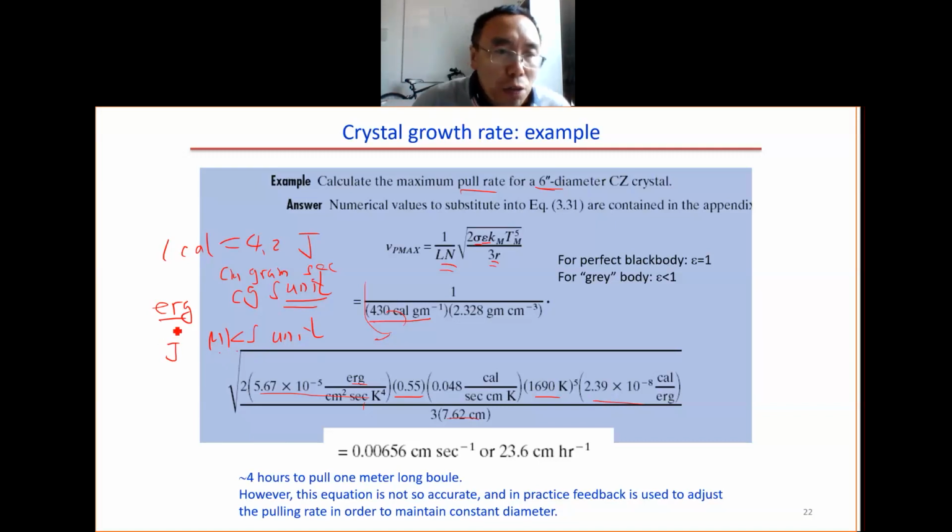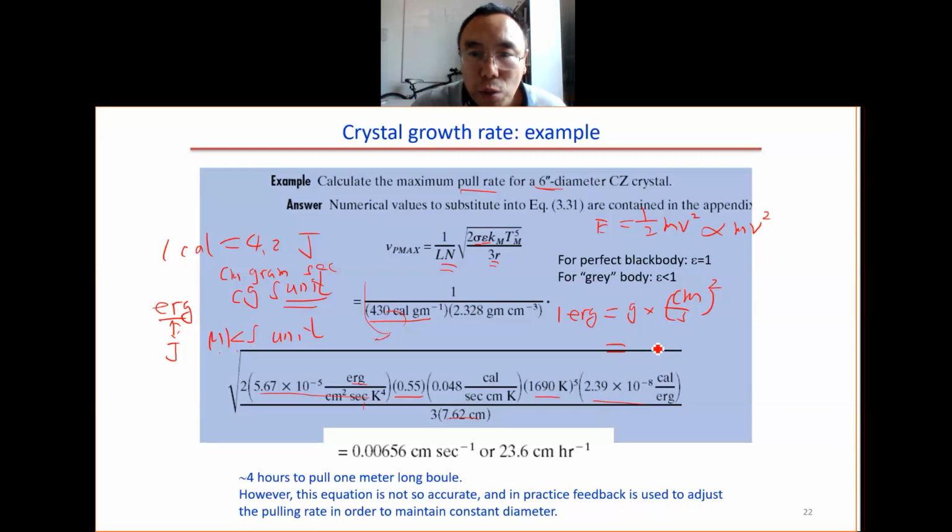So how to convert the joule and erg? We know that energy is given by 1 over 2 mv squared. So the energy unit is mv squared. So 1 erg equal to m, we use the gram, v squared, where v is centimeter per second.